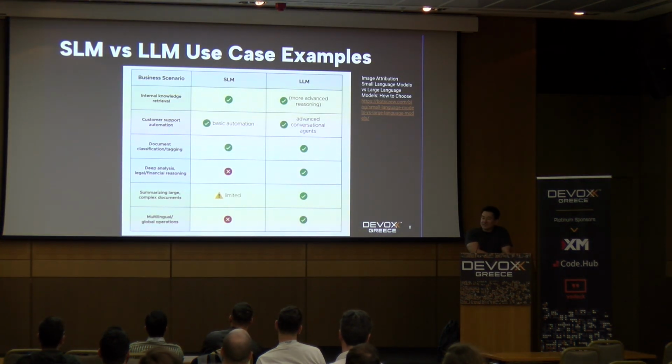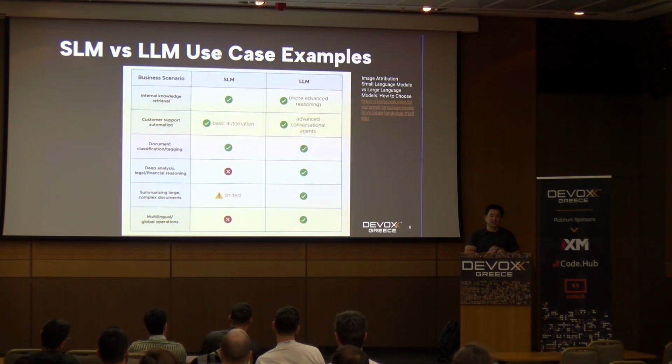And then this is a good slide to do a comparison of a small language model versus a large language model. Large language models have super advanced reasoning, and they know everything because they've been trained on the world's data. They can do it all. Small language models are very purpose specific, built for one thing.